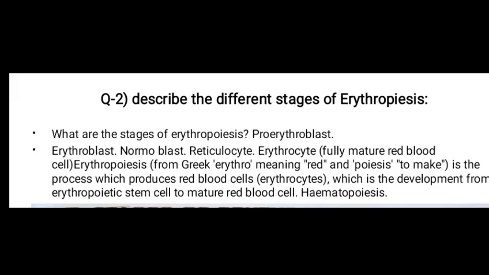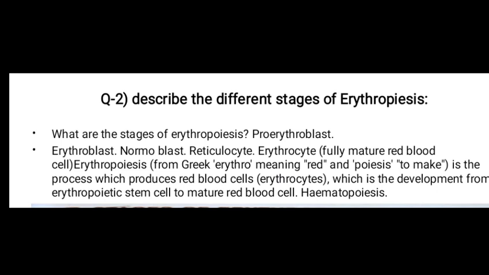Question number 2. Describe the different stages of erythropoiesis. Stages of erythropoiesis: pro-erythroblast, erythroblast, normoblast, reticulocyte, and erythrocyte, meaning fully mature red blood cells.